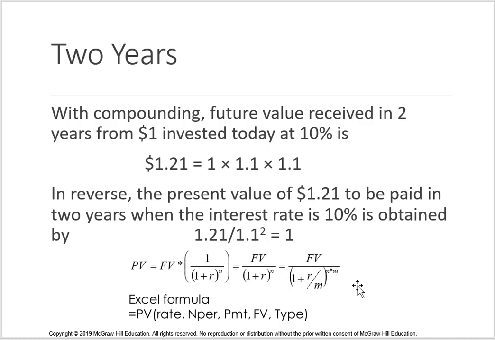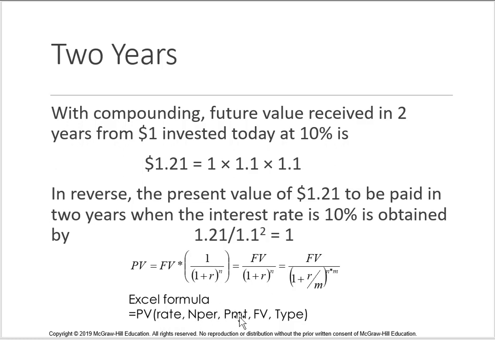And these formulas aren't terribly difficult, although they do require a calculator that will do exponents. The Excel formula for this is the same basic formula, except we have present value, what you're solving for. Here's the rate per period, total number of periods, payment.